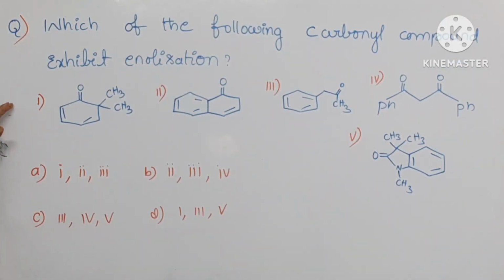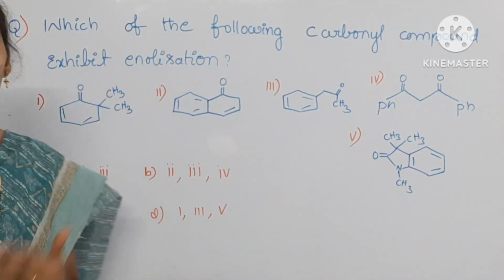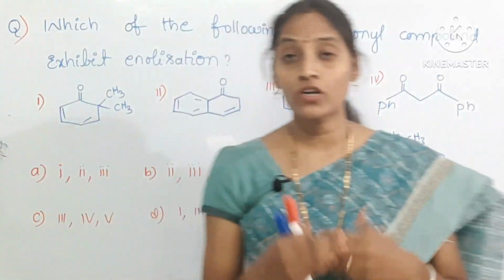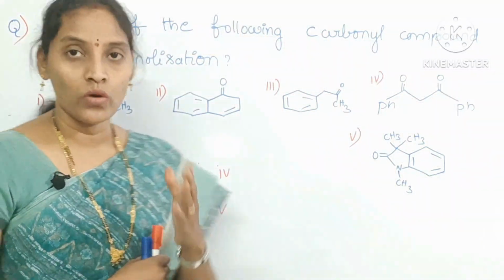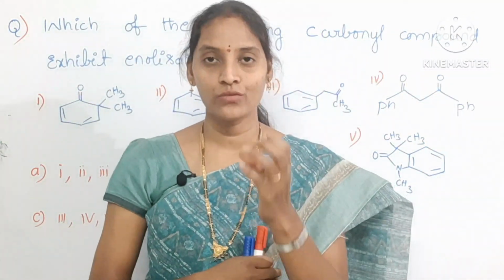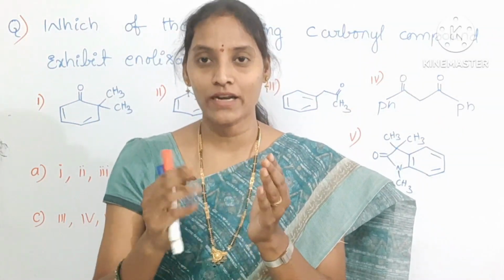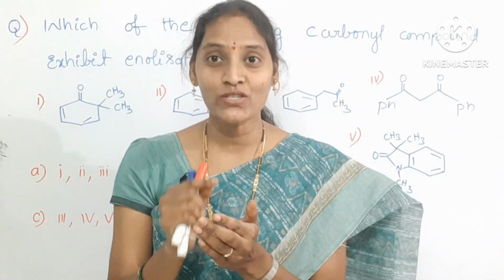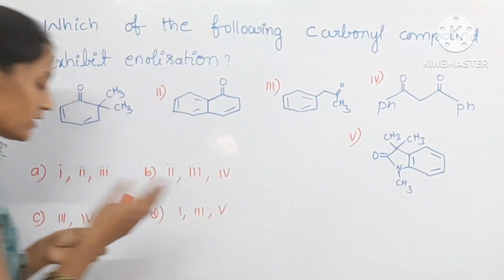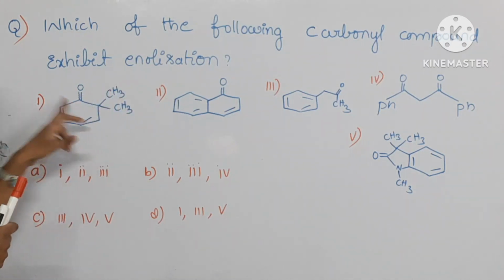If you check this question, which one of the following carbonyl compounds exhibits enolization? I want to tell you one thing here. For enolization, adjacent to the carbonyl carbon, alpha hydrogen is needed. Next to the carbonyl carbon, alpha hydrogen must be there, so you can directly check, is there any hydrogen present adjacent to the carbonyl carbon?